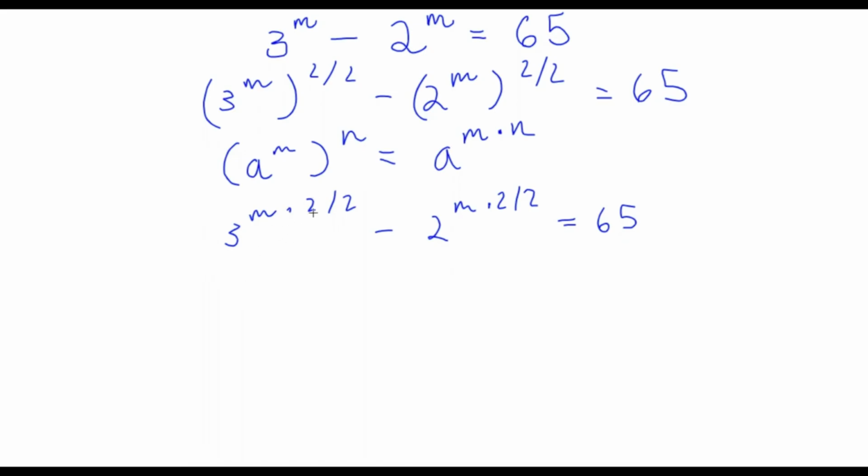Now, 2 over 2, this is the same thing as 1 over 2 times 2. So I'm going to rewrite 2 over 2 as 1 over 2 times 2 for both of them. And remember, if we have something in the form a to the power of m times n, this is equal to a to the power of m to the power of n, right? So I'm going to combine m and 1/2 to make 3 to the power of m over 2 times 2.